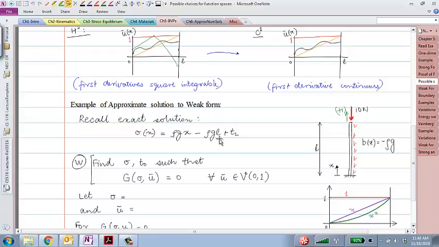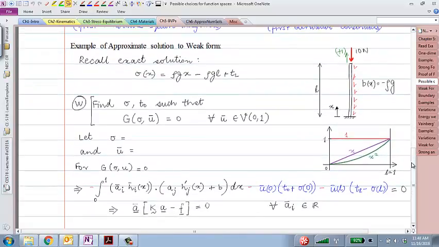The way we would approach that would be that we need to find a stress field as a function of x, the end reaction T0, which can actually be found from the stress at 0, but let's say the stress at x and T0, such that the original functional that I had written on the other page goes to 0 for all possible u bar in some space V. And the particular space that I'm going to look at will be these three functions, only these three functions.